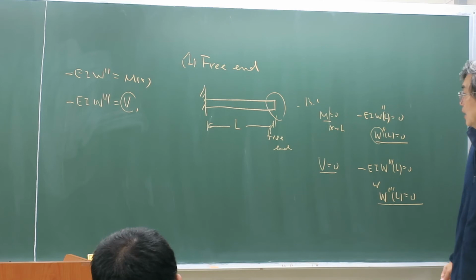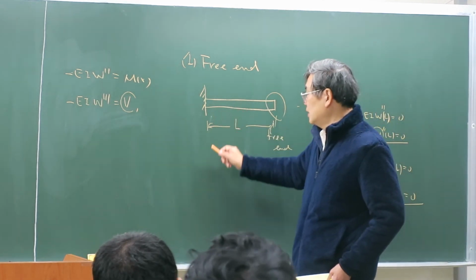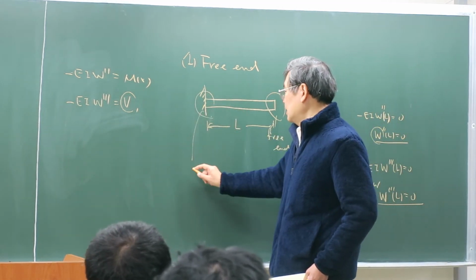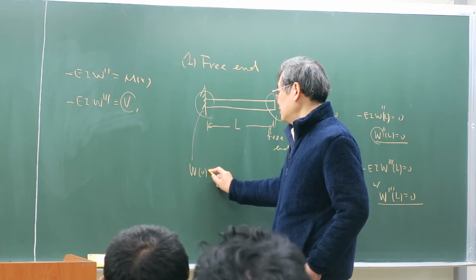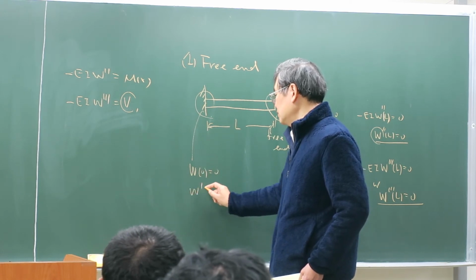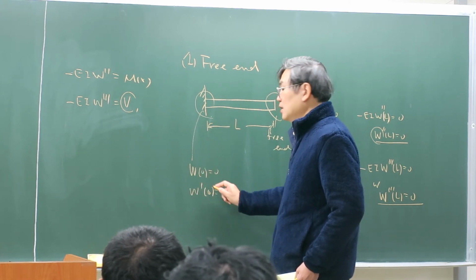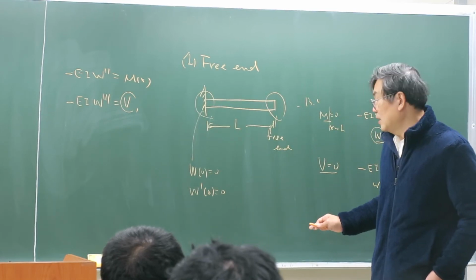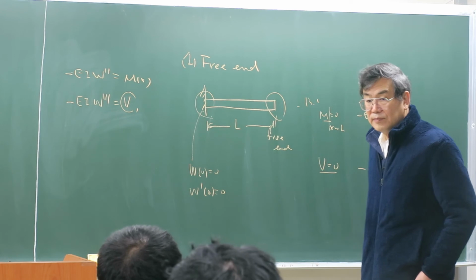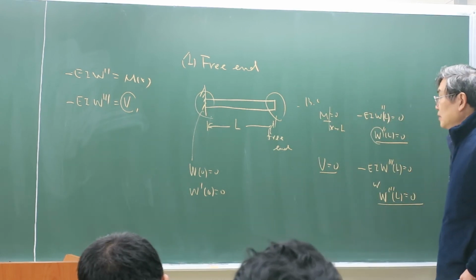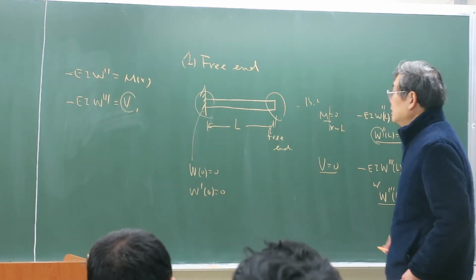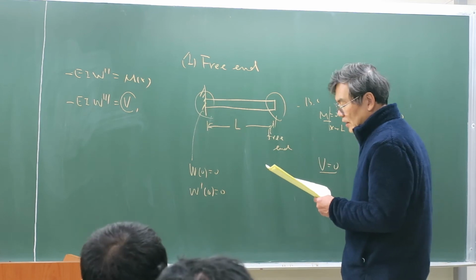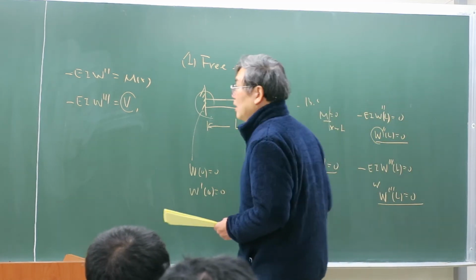Okay? And the boundary condition here is W at 0 equal to 0, and the slope, rotation at 0 equal to 0. Okay? Right. And that is for the free end, okay?